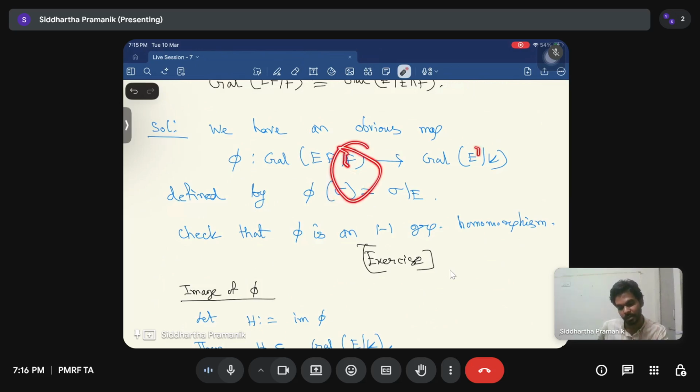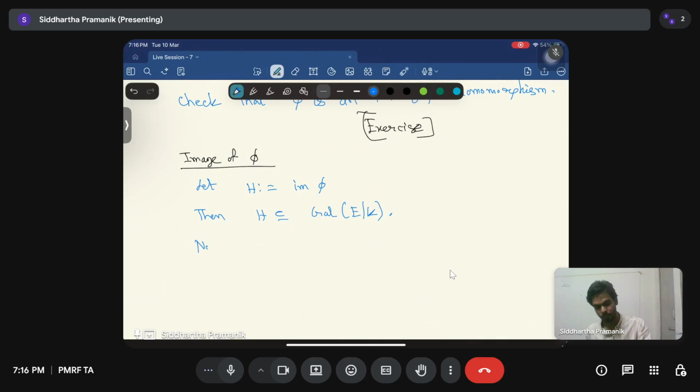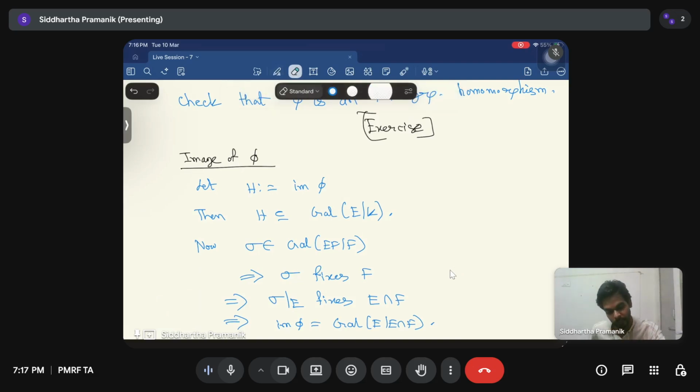Sigma fixes F, but we are restricting it to E. So sigma has to fix elements of F which are in E. Now, sigma belongs to the Galois group of EF over F implies sigma fixes F. So sigma restricted to E must fix E intersection F. So this will imply that clearly the image of phi has to be the Galois group of E over E intersection F. If you want, you can give much more rigorous arguments, but I think from this it can be seen.